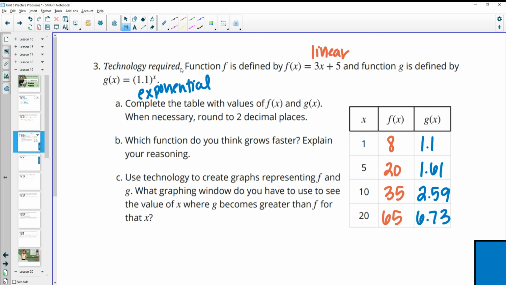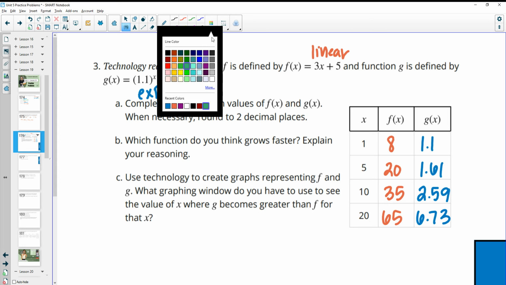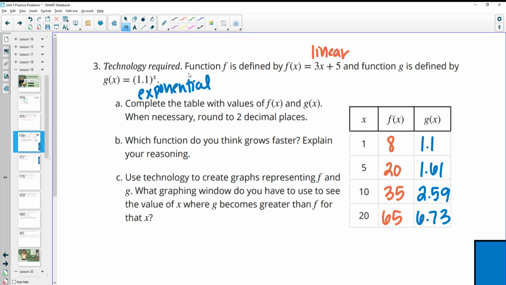So then part B asks us, which one do we think is growing faster, and explain your reasoning. You might know that overall a linear function is going to constantly grow at the same rate. And an exponential is going to grow slow in the beginning, and then it starts to get really fast.